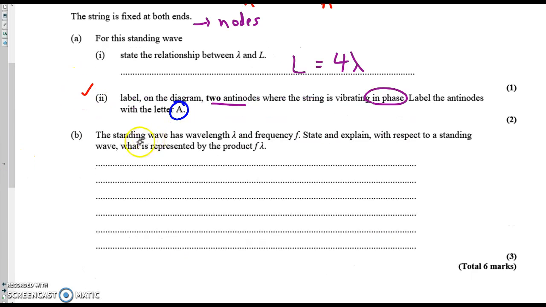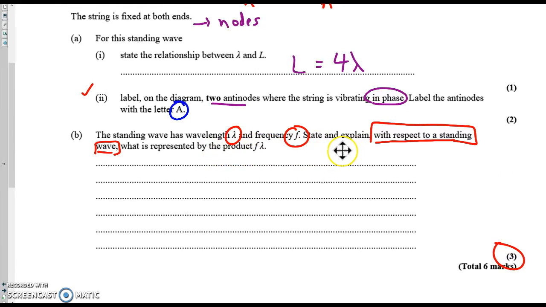Check. The standing wave has a wavelength lambda and a frequency f. State and explain what is represented by the product f lambda. With respect to a standing wave, you always want to focus when it says "with respect to." They're telling you what one of the points is, one of the three.